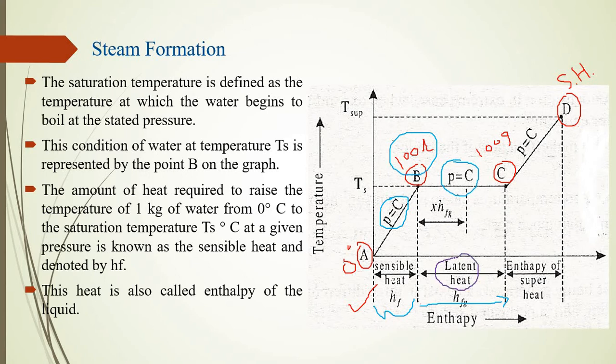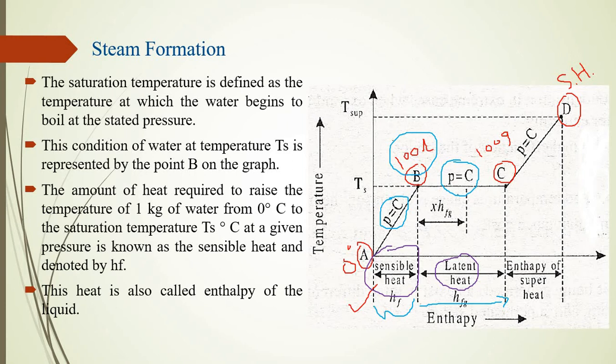So what is the definition of sensible heat and latent heat? For sensible heat, any type of fluid taking heat or rejecting heat is called sensible heat. If any fluid takes heat at a constant temperature and changes phase, that's called latent heat.